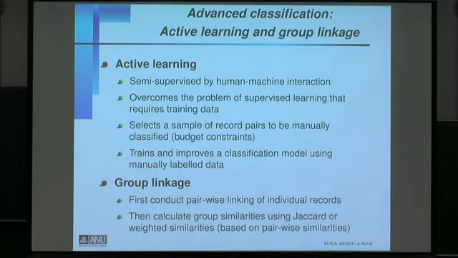We know that they're in the same family, so we can use that information. It's a combination of using individual attribute similarities and then calculating the group similarity. Again, there has been a bit of work on combining this with supervised learning as well.